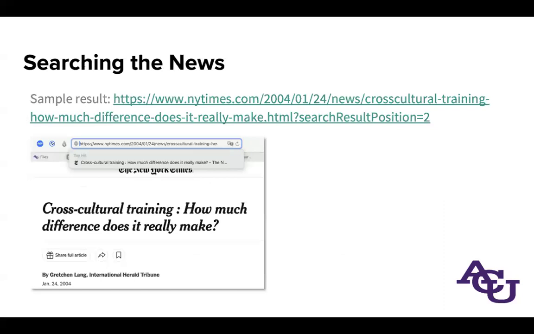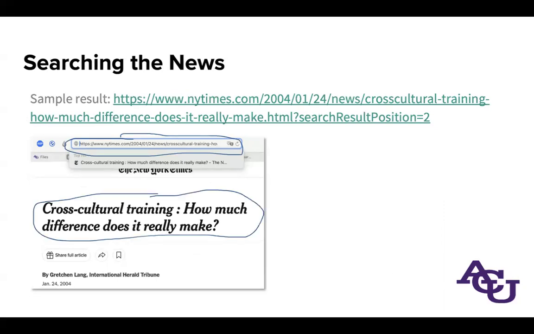So to take this example here, where do we get all that information? Well, first, we want the URL. That's our direct guide there. But we also want to pick out the title, the author name, the publication year, and of course, the name of the publication, the New York Times. That goes in there too.